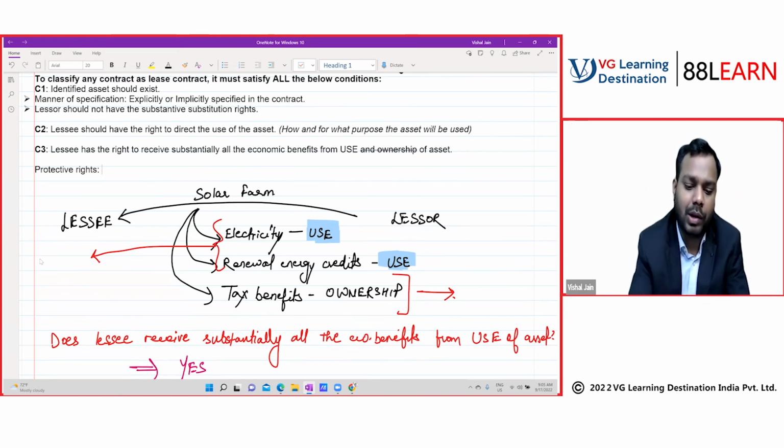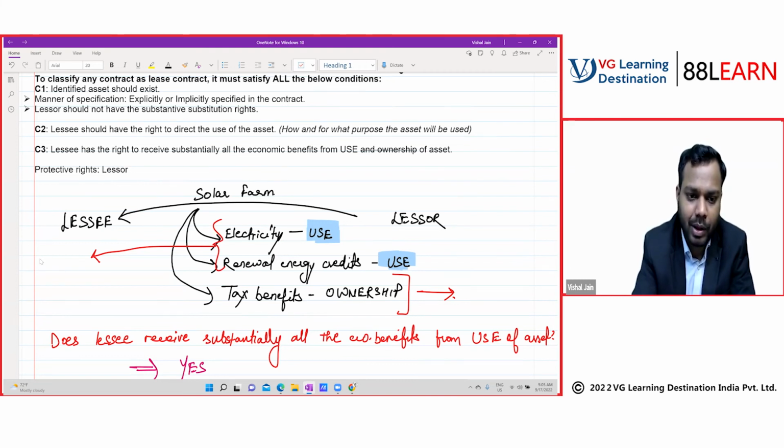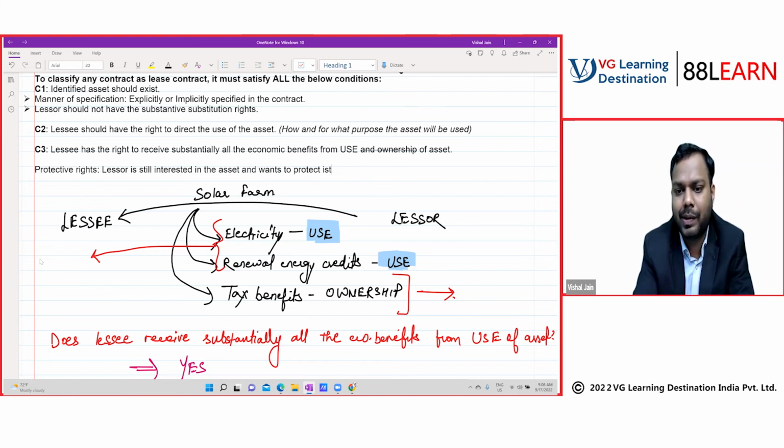Why? Because the lessor is still interested in the asset and wants to protect its interest in the asset leased to the lessee.